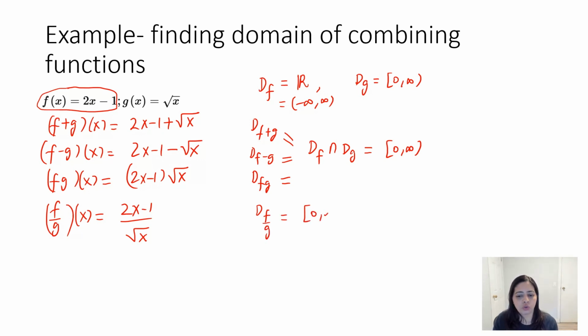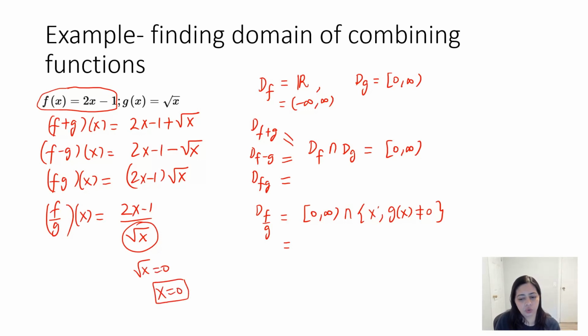So that's 0 to infinity and intersection with x which makes g(x) non-zero. Now this denominator is going to become 0 at x equals 0. So you have to exclude that point. So this has to be the open interval 0 to infinity, similar to the example we just did. All right, so that's about finding the domain of combined functions.